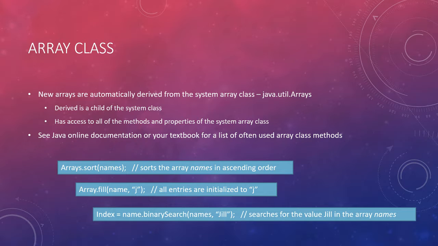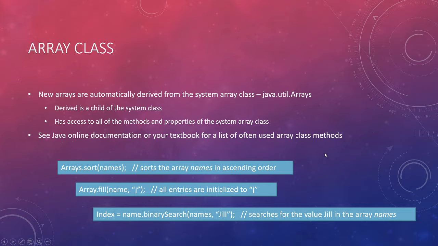Now, whenever we're working with the arrays class, we are working with the java.util.Arrays library. We are deriving from the Arrays class, becoming children of that class. So we have access to all of the methods and the properties of that system Arrays class when we're working with arrays.